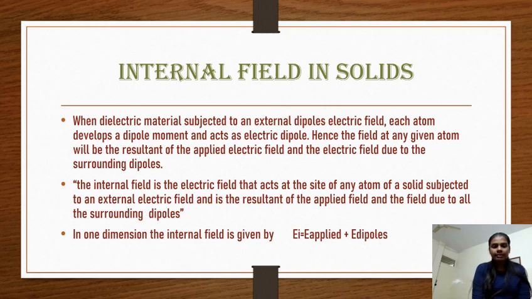So the internal field is the electric field that acts at the site of any atom of a solid subjected to an external electric field, and is the resultant of the applied field and the field due to all the surrounding dipoles. In one dimension, the internal field is given by E_I equal to E applied plus E dipoles.